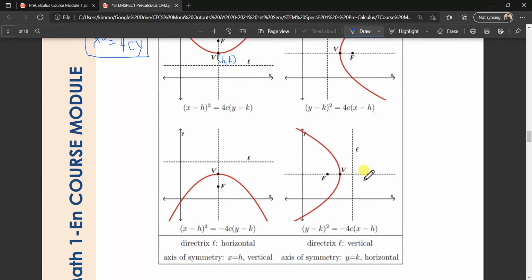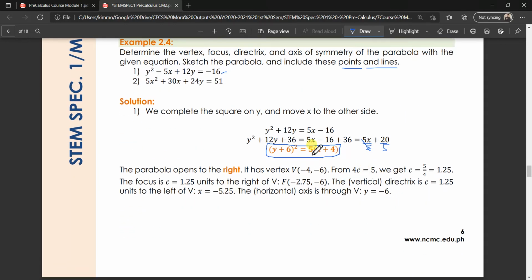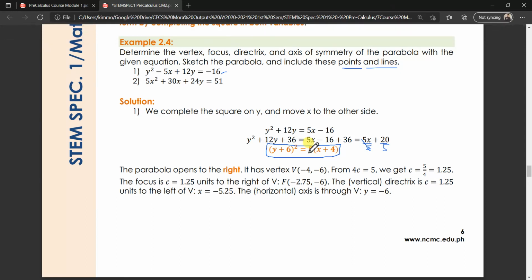Next is the sign of the 4c. If it is positive, then it should be opening to the right. And if it is negative, then it should be opening to the left.